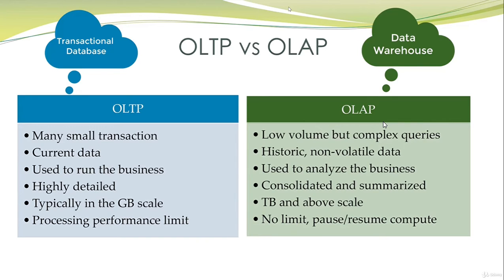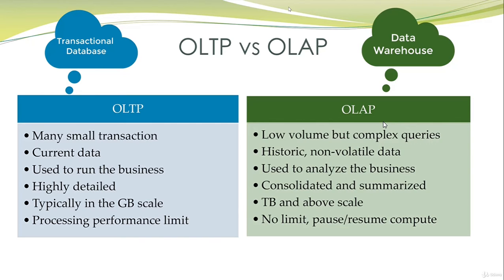When I'm thinking about the database or OLTP, it's generally a huge number of very small transactions. Whereas when we talk about data warehouse or OLAP, I am thinking of low volume but very complicated queries. With OLTP, I am really focusing on current data. With OLAP, I am focusing on historic data, data that is non-volatile, that's not going to change.